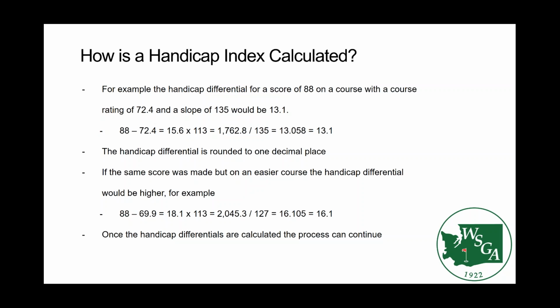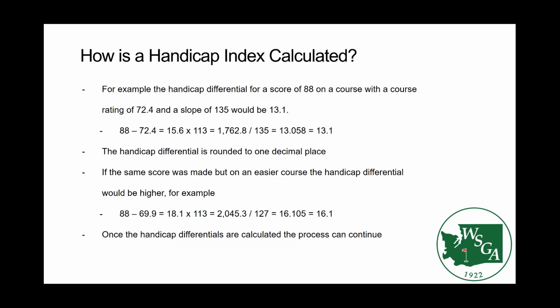So we have 88 minus 69.9 equals 18.1, multiplied by 113 for 2,045.3, divided by 127, and rounding we come out to 16.1. As you can notice here, we have two scores that are exactly the same but played on different golf courses, and we have a difference in handicap differential of 3 strokes.